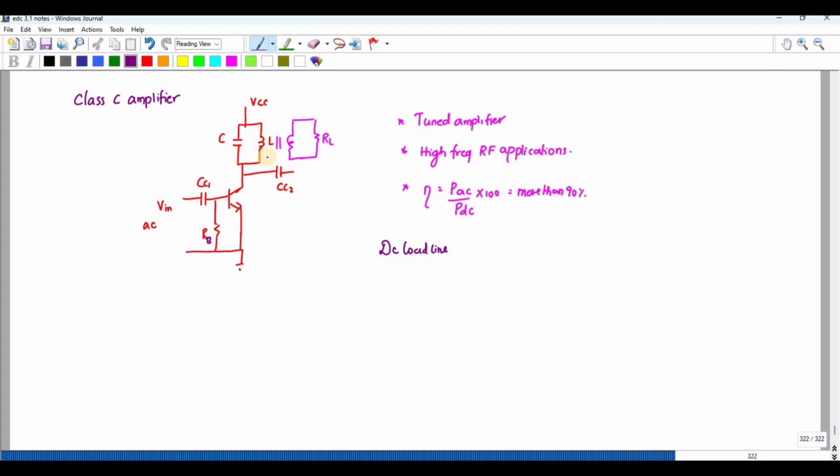The capacitor is open circuited and the inductance is short circuited. So basically the DC load line of this circuit, I can write it as RDC is equal to the DC resistance of the inductor.